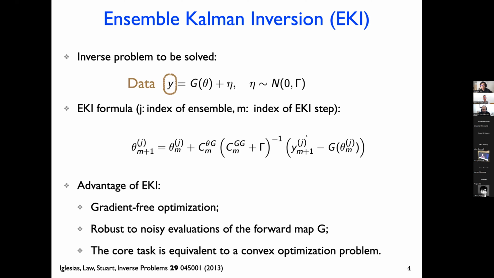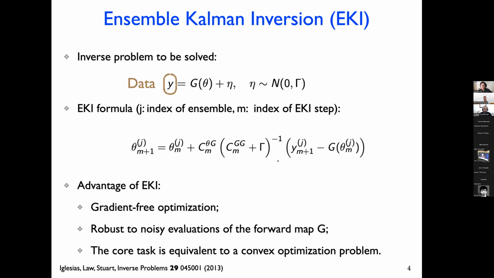But we can also, in data space, calculate the mismatch in data space. And then after calculating the mismatch, we can use the covariance matrix in data space to normalize the mismatch in data space. Here, capital C denotes the covariance matrix.